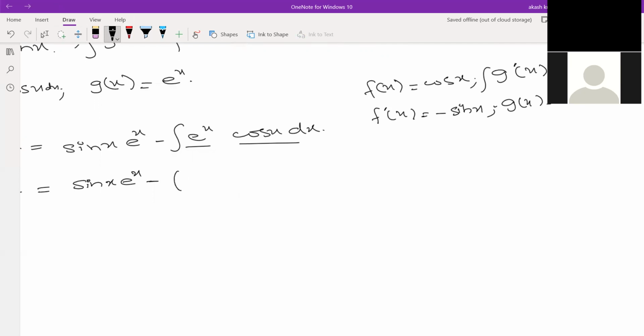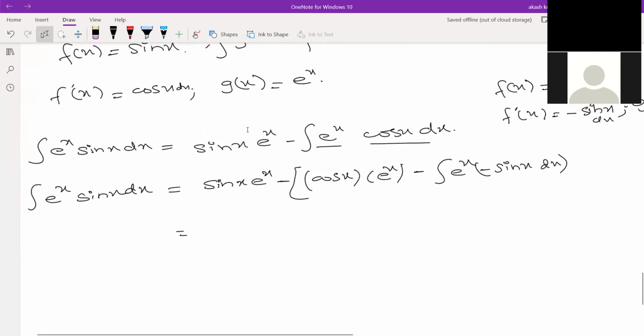F of x is cosine x, and g of x is ex, minus the integral of g of x, which is ex, and f dash of x, which is minus sin x dx. Is it clear so far?